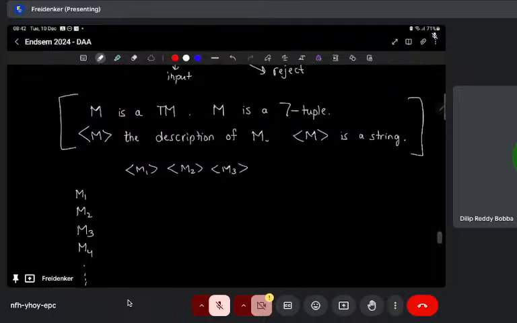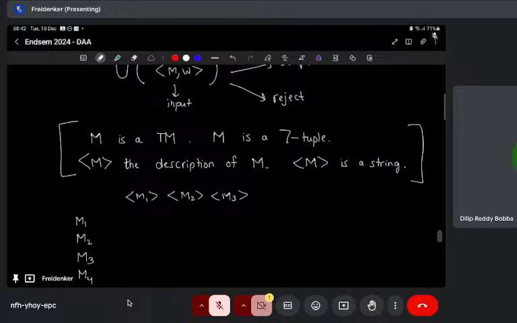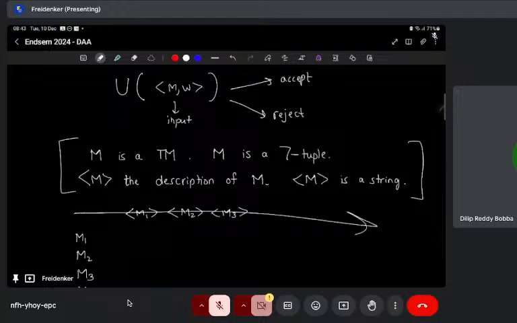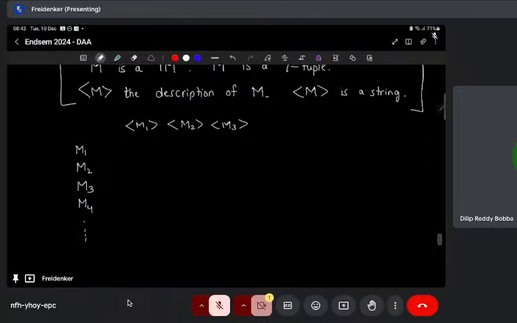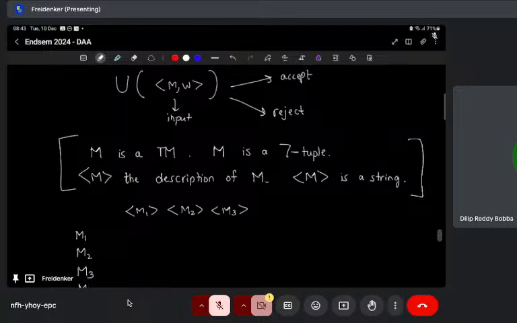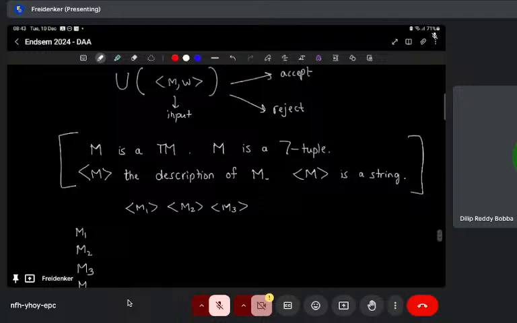If I can convert every machine to a string, I think I can convert every string to a machine. So it means any string is going to be the description of some machine. Similarly, any string can be a machine. Is that far fetched? Maybe.